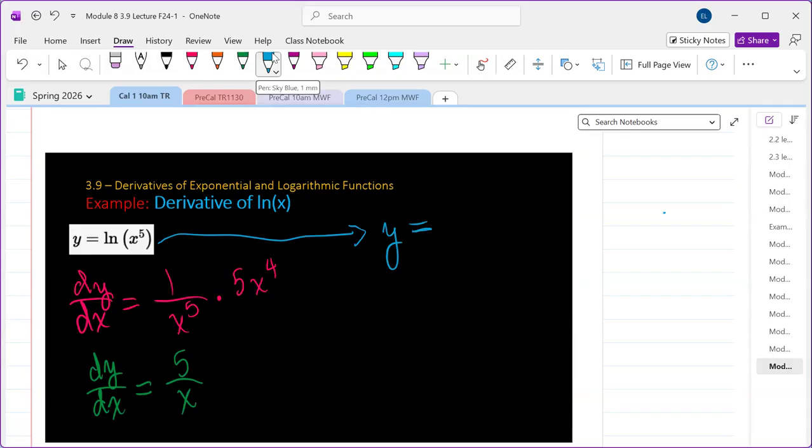So our function, the natural log of x to the fifth, is the same as 5 times the natural log of x. And then we can do the derivative of this reduced function, and we'll get the same result. It's just 5 is a constant times the derivative of natural log x is 1 over x. So there's the same 5 over x.